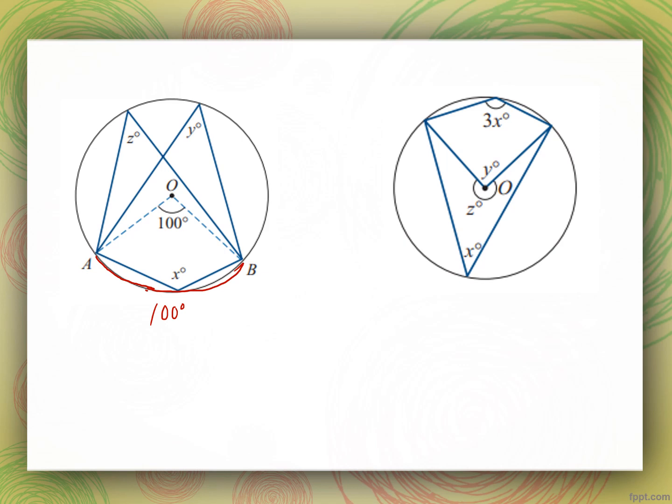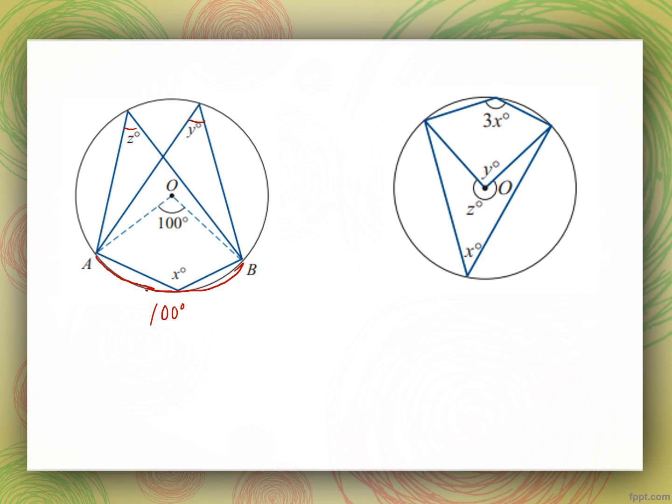I did that because, as you can see, angle Z and angle Y here intercept the same arc, which is arc AB. Based on the theorem that we have learned, if you have an inscribed angle, the measure of the inscribed angle will be half the measure of its intercepted arc.